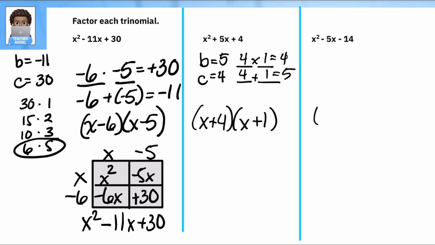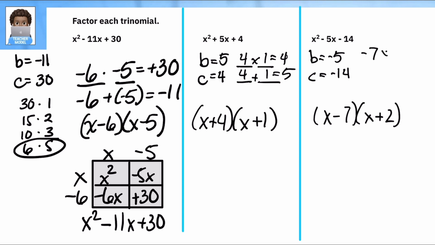Okay, for this one you should have gotten x minus 7 and x plus 2. So your b in this case is negative 5, and your c is negative 14, meaning one of your factors has to be negative. So negative 7 times 2 makes negative 14, and negative 7 plus 2 is negative 5.